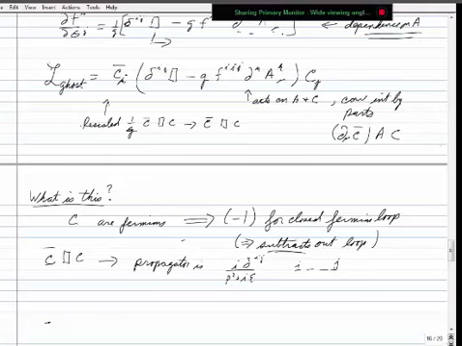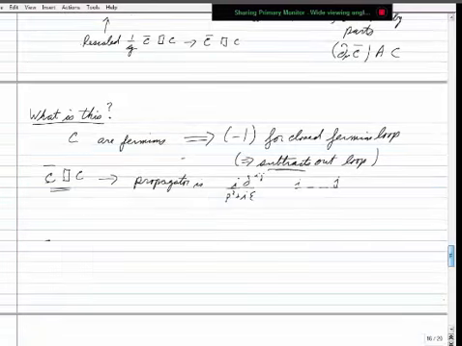We've added this in place of that determinant with non-trivial interactions. Remember, the C's are fermions. This has a major effect when you do the calculation. There's a minus 1 for any closed fermion loop.